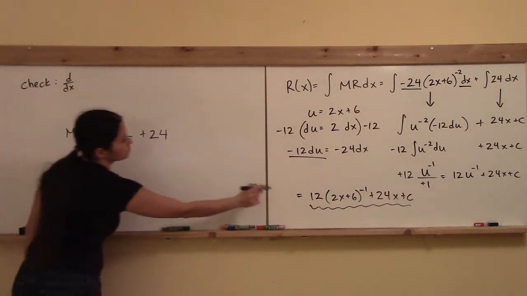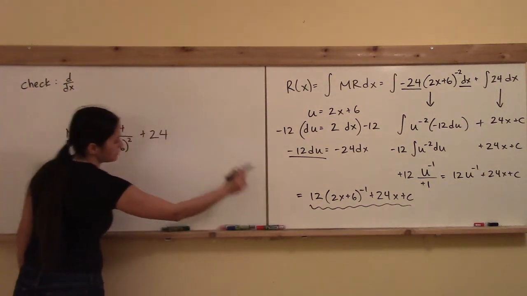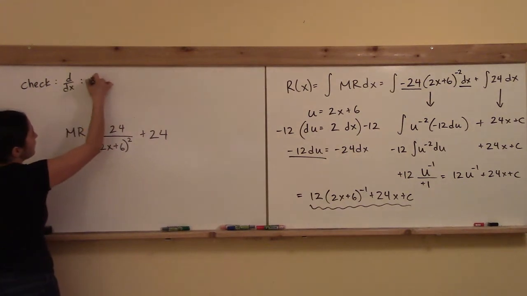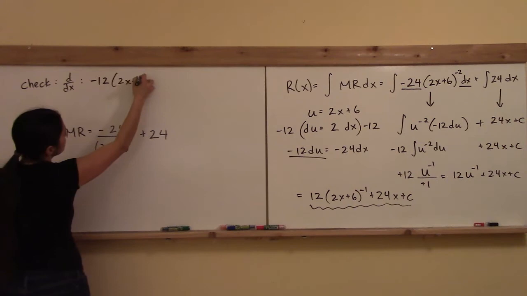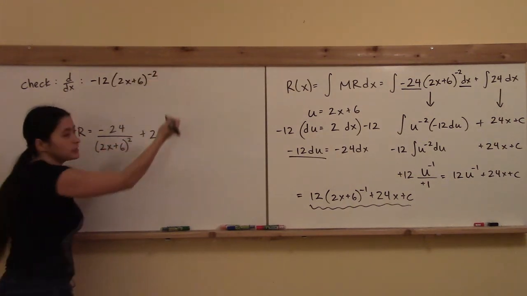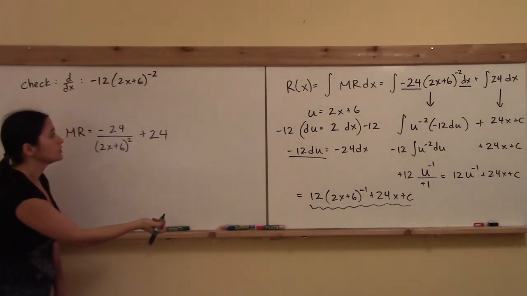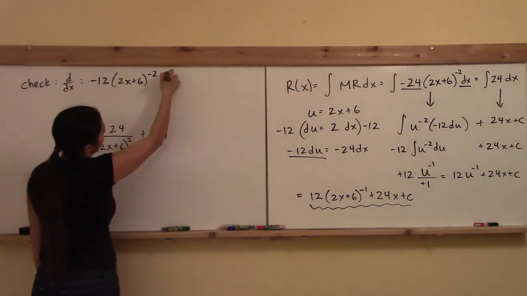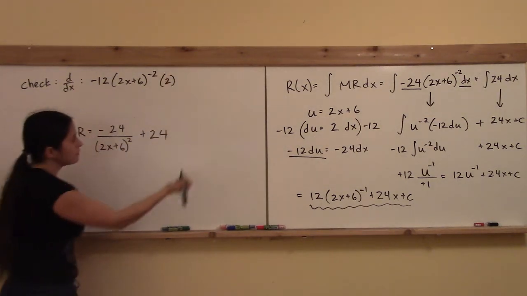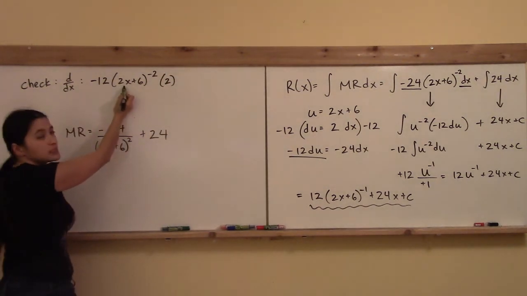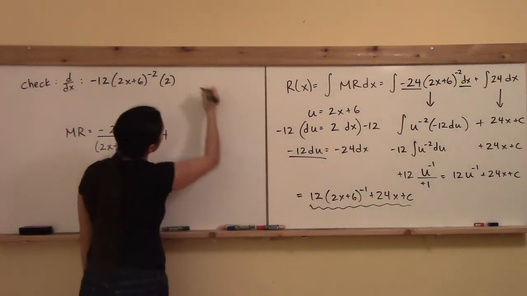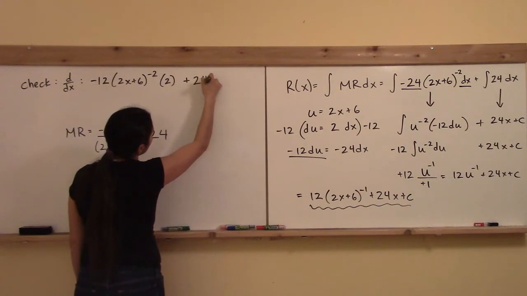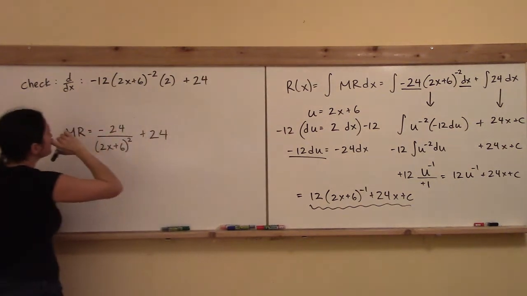Let's see, if I take the derivative of that, the minus 1 comes down to multiply the 12, so I get a minus 12. Then I get 2x plus 6 to the minus 2, because minus 1 minus another 1 is minus 2. Don't forget the chain rule. You've got to multiply by a 2 because the derivative of this inside function is 2 right here. Then separately, the 24x just becomes a 24, and the plus c just goes away to 0.